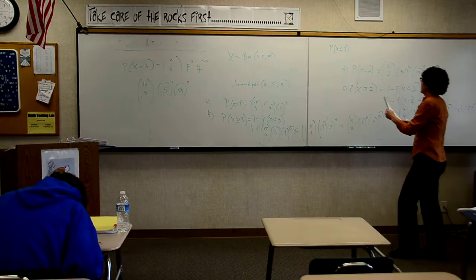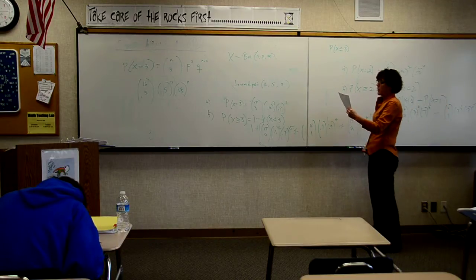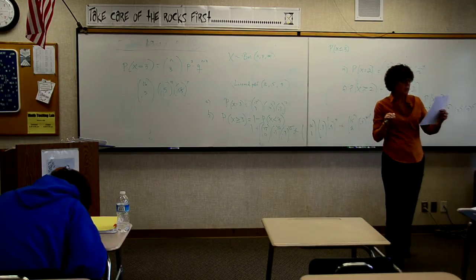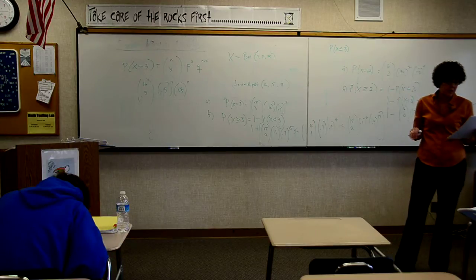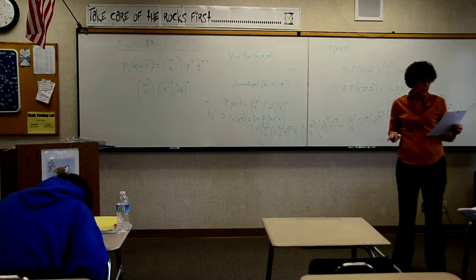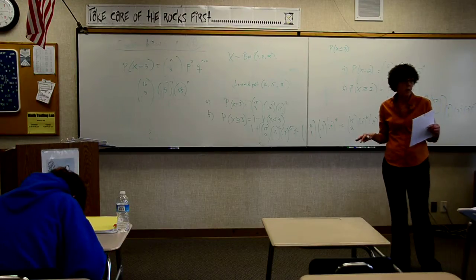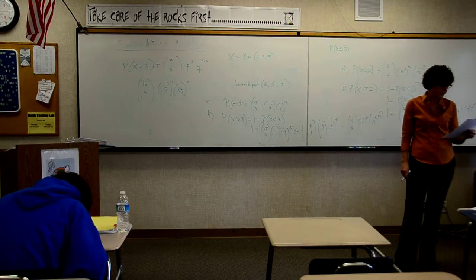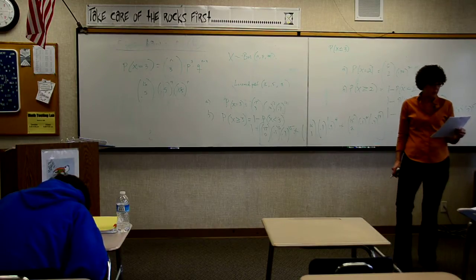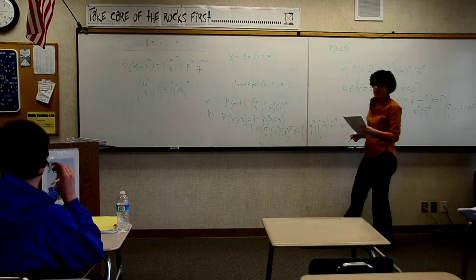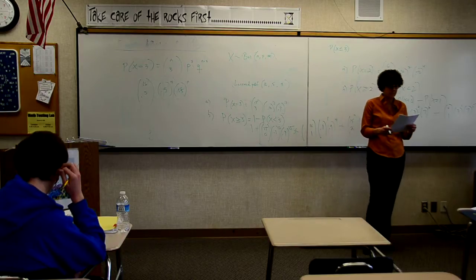On the calculator, if I want no more than 3 students, probability that X is less than or equal to 3, I go second distribution, binomial CDF. Number of trials would be 15. Probability of success would be 0.1. And then comma 3. So what do I get on that one? 0.944. 0.944? Okay.